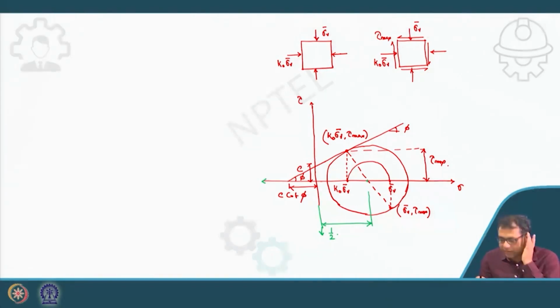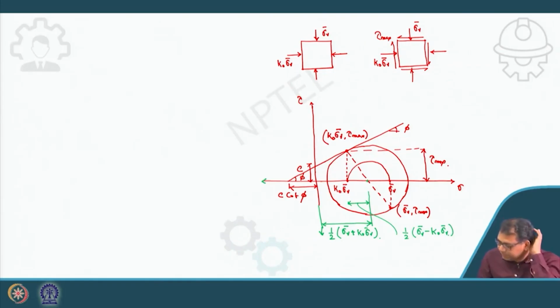Consider the first Mohr circle: the center of the Mohr circle from the origin will be equal to half sigma v bar plus k0 sigma v bar. And for the first Mohr circle, the diameter will be equal to half sigma v bar minus k0 sigma v bar.